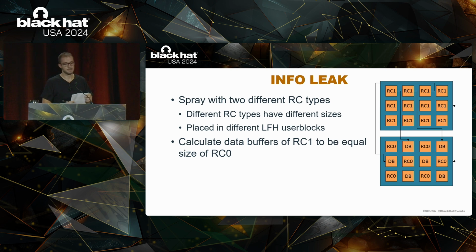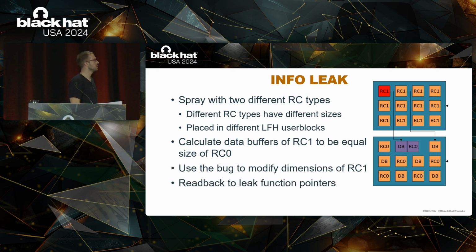I was also careful to calculate the dimensions of resource container type 1, so that the data buffer that was going to be allocated for resource container type 1 would be of the same size as resource container 0. So the heap would be like in the figure you can see. The data buffers of resource container type 1 will be in the same user block as resource container 0.